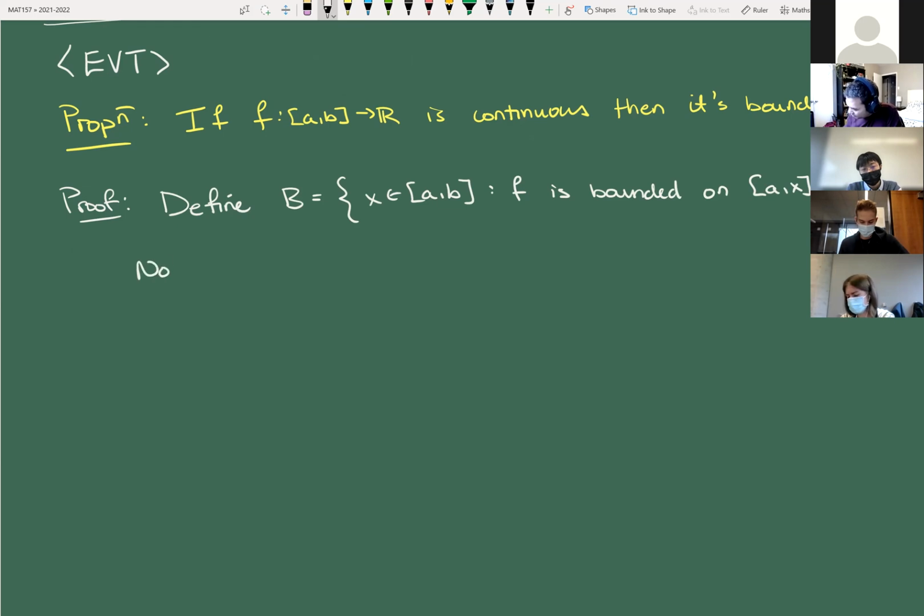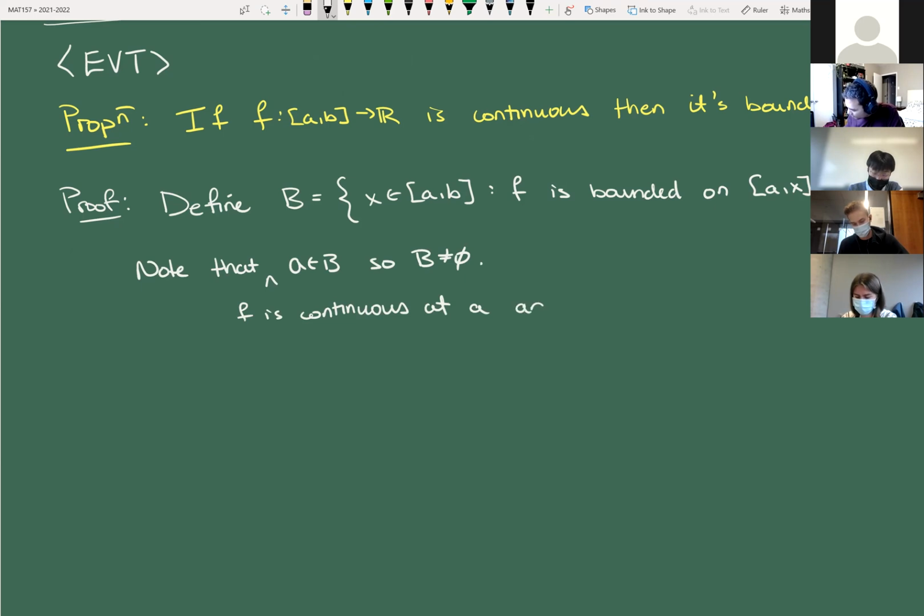So note that A is in B, so B is not empty, right? Because the function is continuous at A, so therefore it's locally bounded. Maybe I should say that. Note that f is continuous at A, and so locally bounded, right?